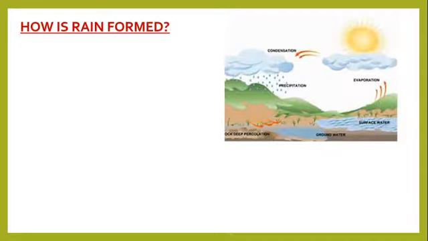So how is rain formed? Now the picture here explains everything for yourself. So based on the picture, we're going to study how rain is formed. But before we delve into the steps involved in the formation of rain, let us look at the meaning of rain. What is rain?